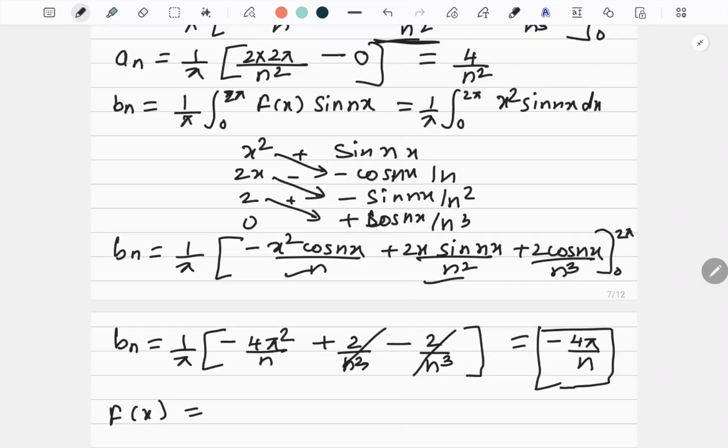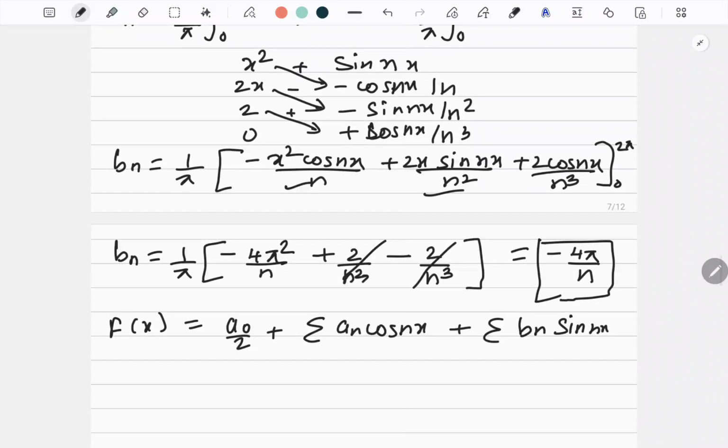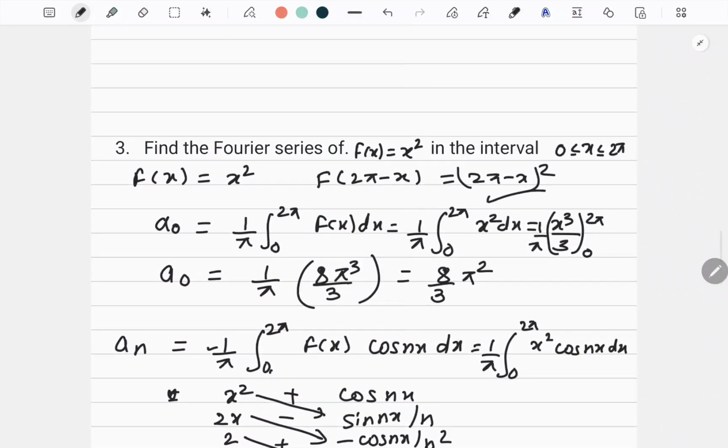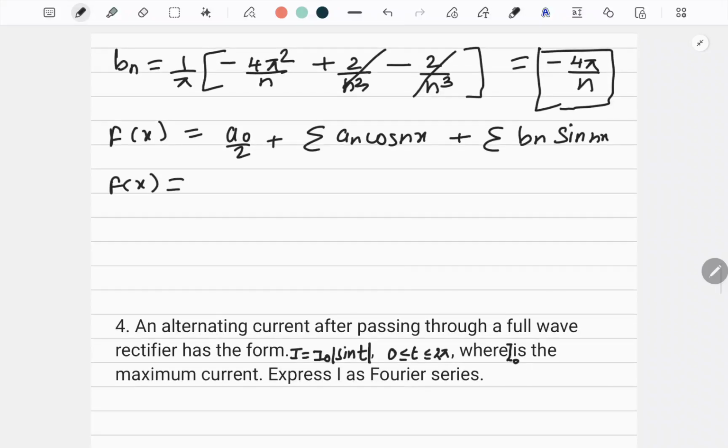F of x is equal to, write down the answer as a0 by 2 plus summation an cos nx plus summation bn sin nx. Right. So the answer will be f of x is equal to, what was my a0 value? a0 is 8 pi square by 3, so a0 by 2 you have to write, so 4 pi square by 3.